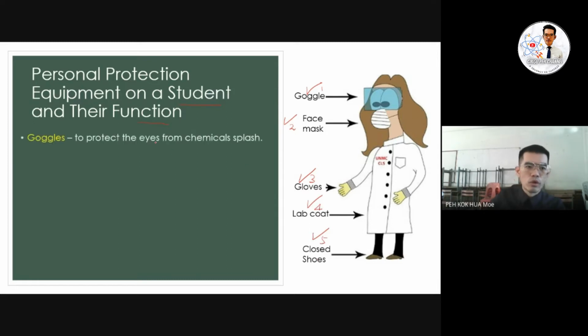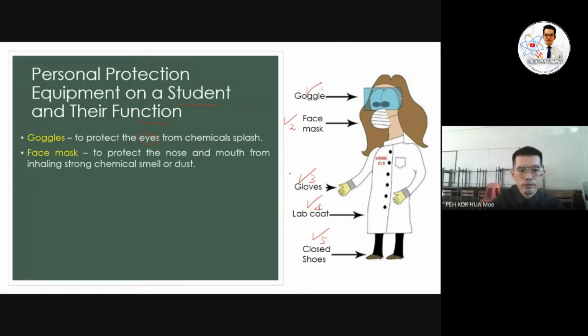What is the function of goggles? It is to protect your eyes from chemical splash. The second, the face mask, is to protect your nose and your mouth from inhaling any chemical or dust. The third one is to protect hands.